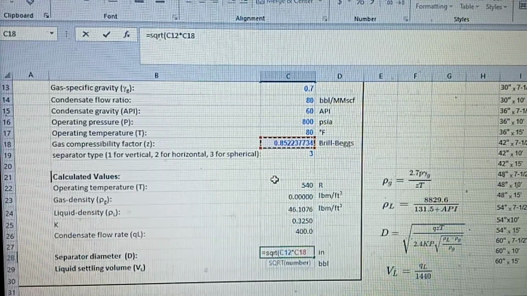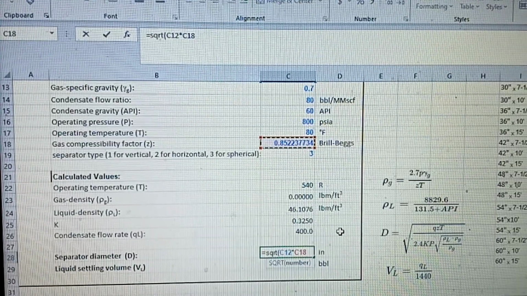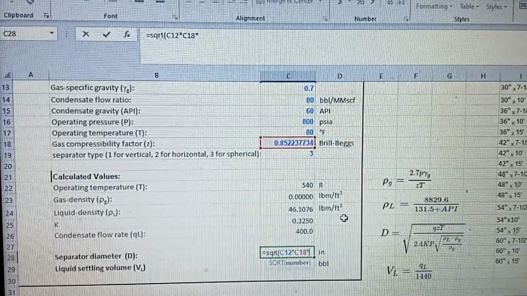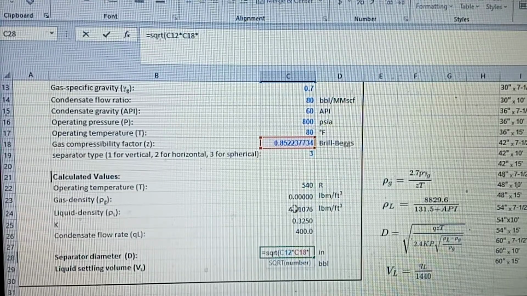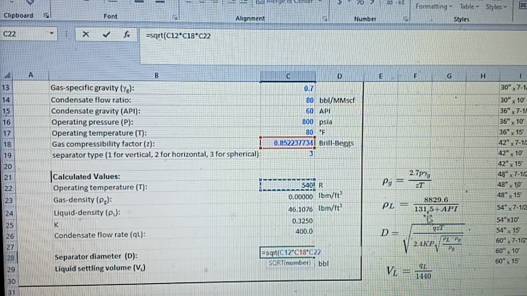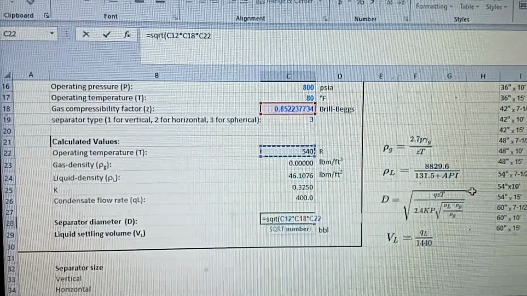See why we need the Z? We need the Z twice, for the density and for this. Then multiply again by T. When you are calculating gas, you always have to use the Rankine. So C22. Now I've done all the top. Everything at the bottom should be slash.